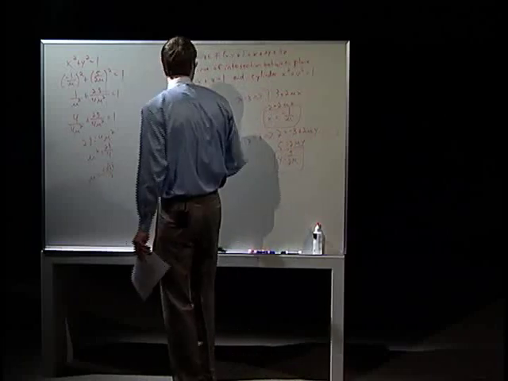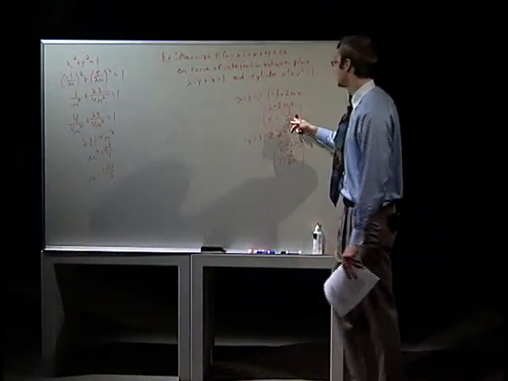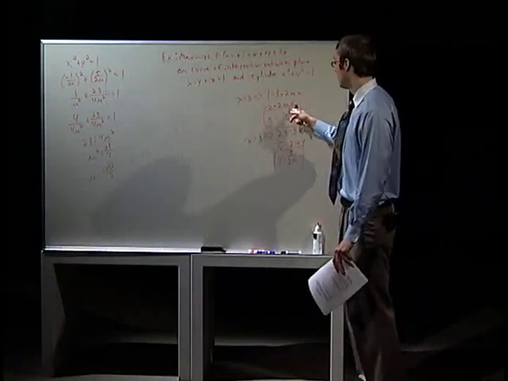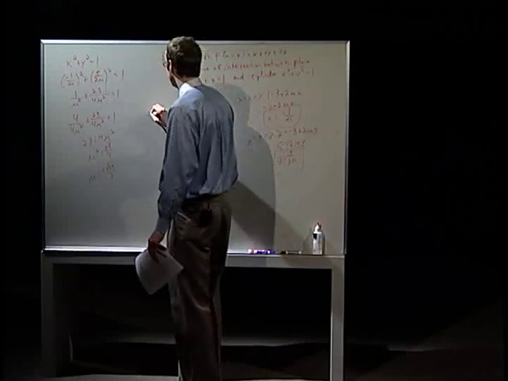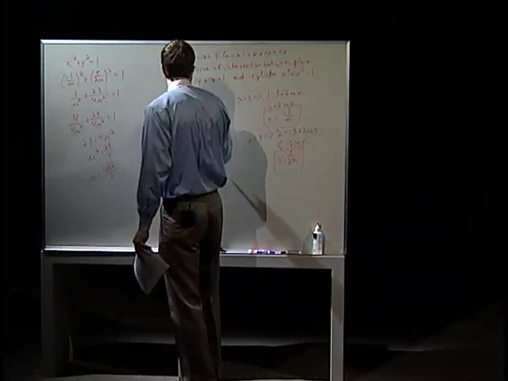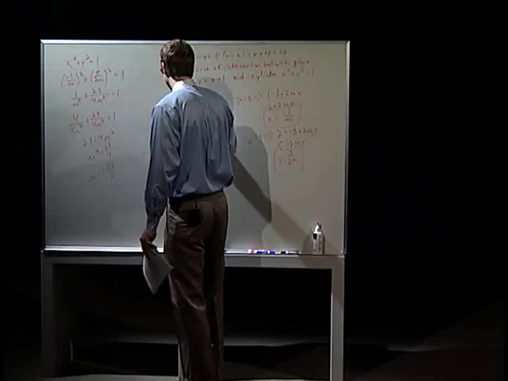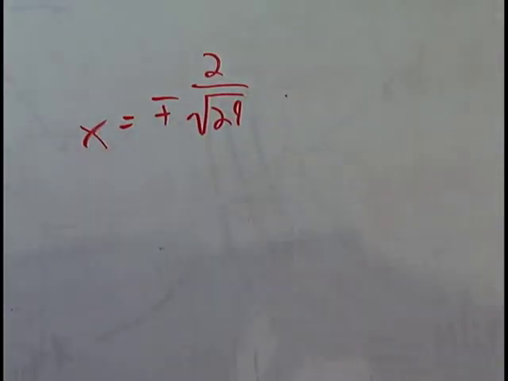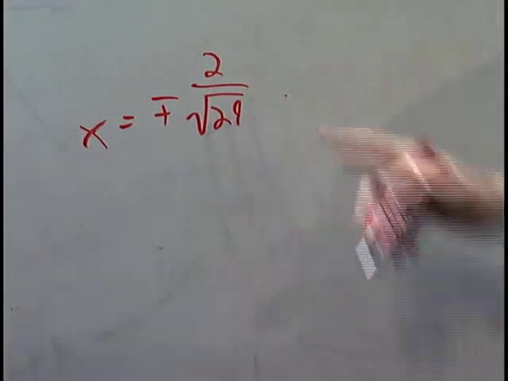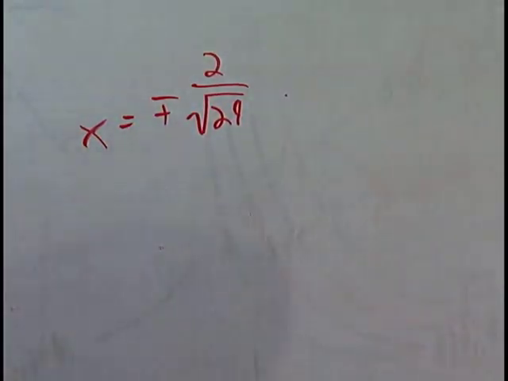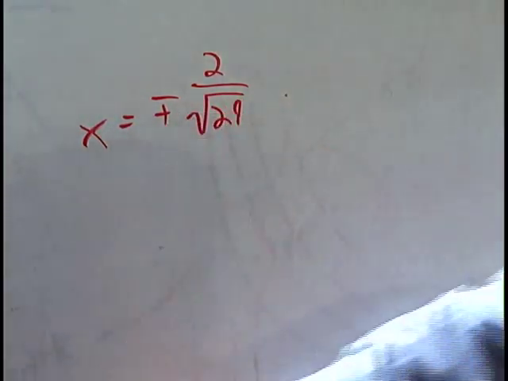Well, if you plug in plus or minus root 29 over 2 and divide by negative 1, you get x equals minus plus 2 over root 29. And I'm saying minus plus because when I plug in positive root 29 over 2, I get a negative 2 over root 29. When I plug in minus root 29 over 2, I get a positive 2 over root 29. So this is reversed from that.